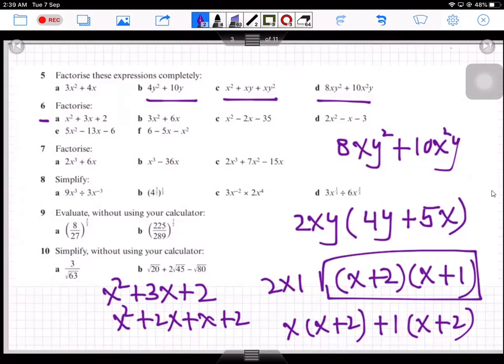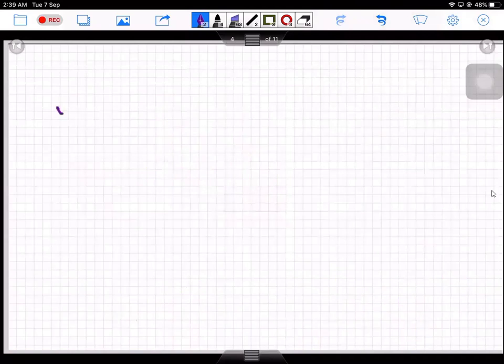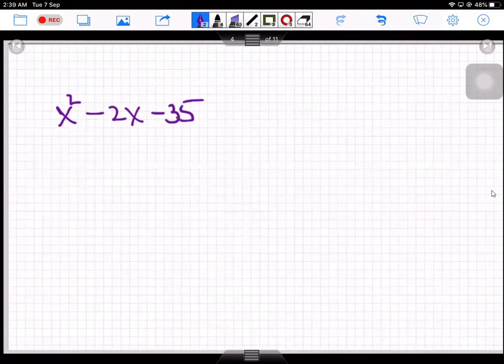Now let's have a look at question number 6, part C: x square minus 2x minus 35. Basically the factors will be made of 1 multiplied by 35, and 35 can be written as a product of two factors like 7 times 5.